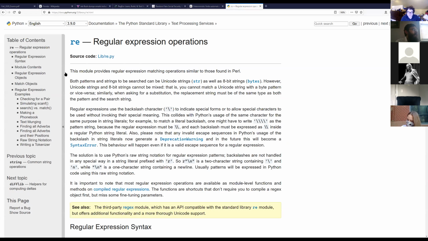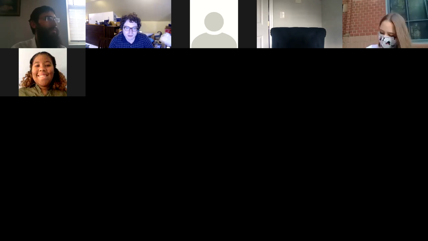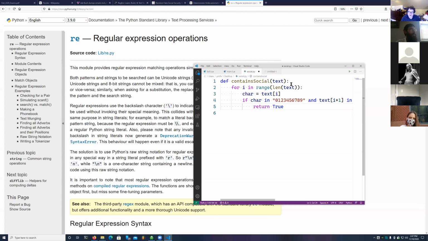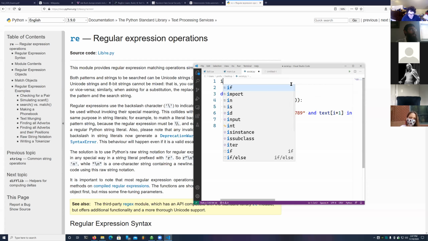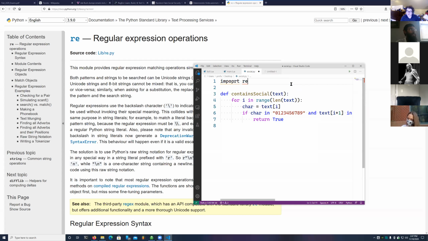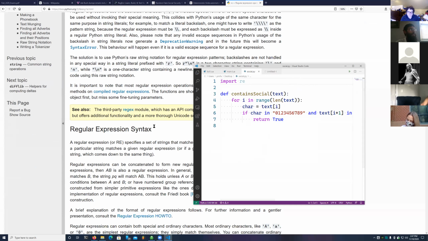So I'm going to stop share and share my entire screen. Here I'm going to import re. This will import the regular expression library.